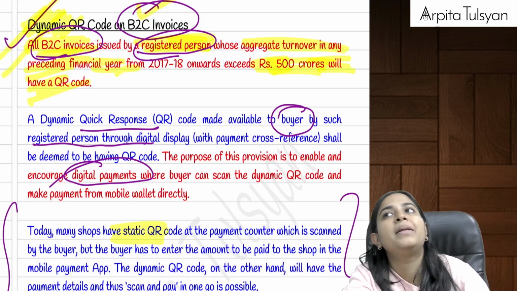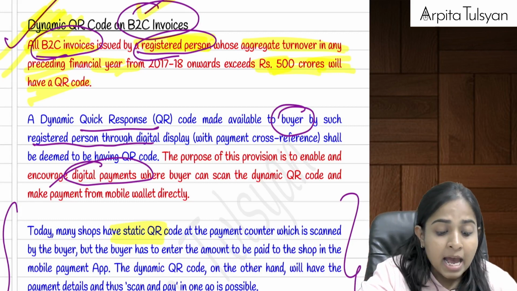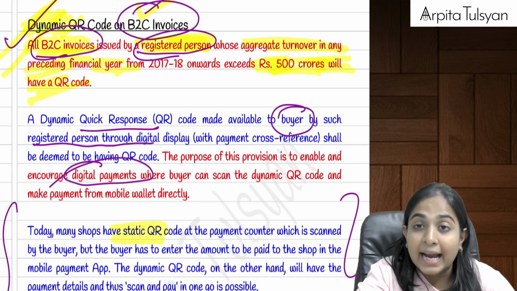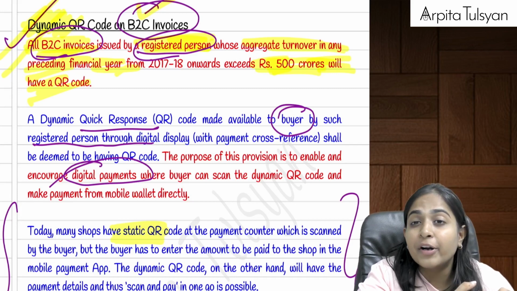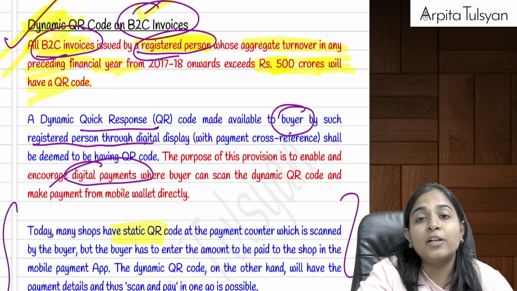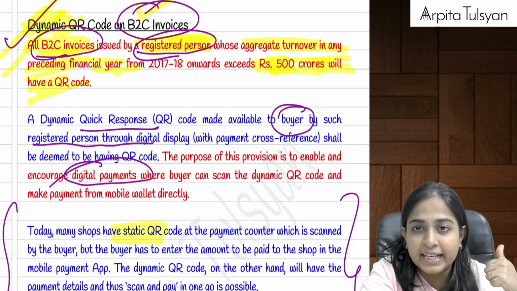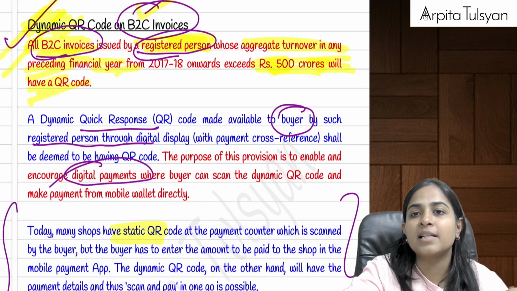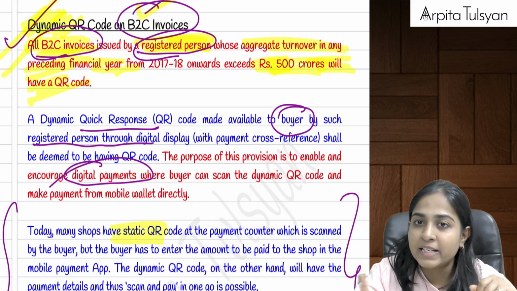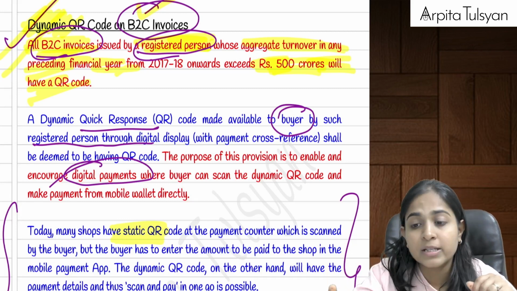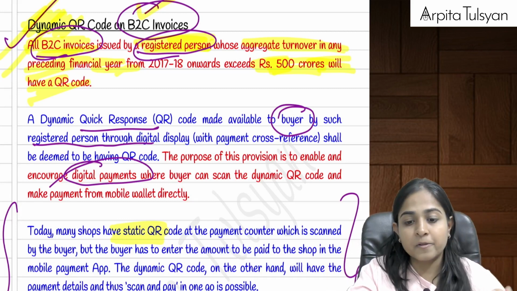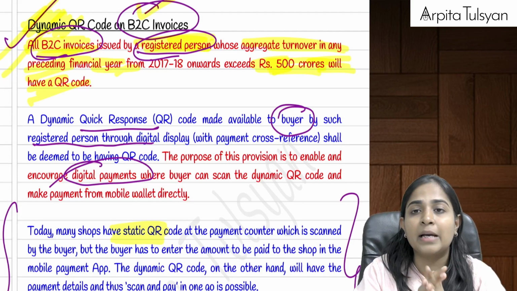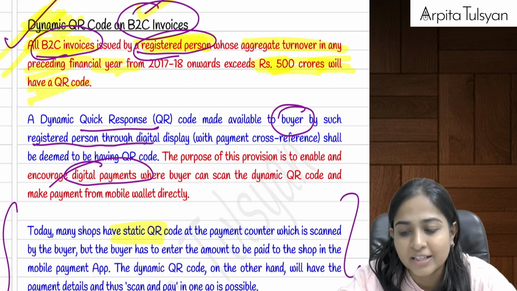E-invoicing was applicable only for B2B, exports, etc. Now here they are telling that if there is any registered person whose aggregate turnover has exceeded 500 crore in any one of the preceding financial years from 17-18 onwards, then such a registered person, in case of B2C supplies, except exports, is required to generate and print a dynamic QR code on the invoice which is issued by such registered persons.